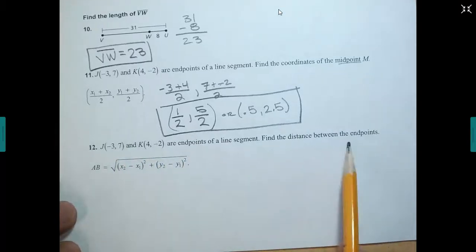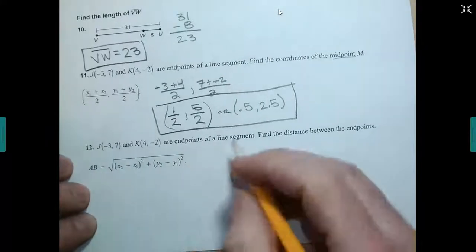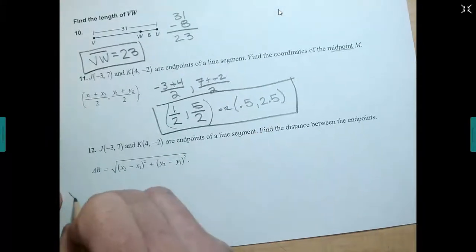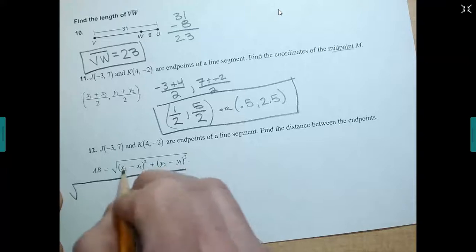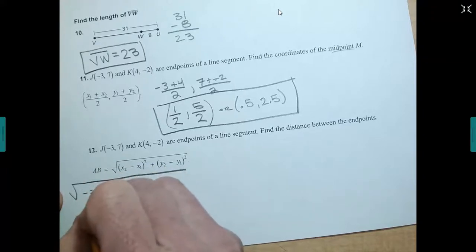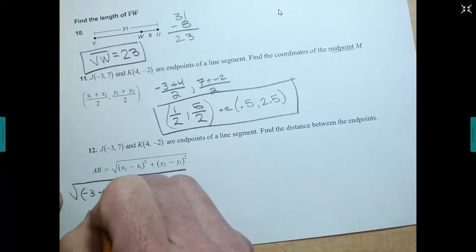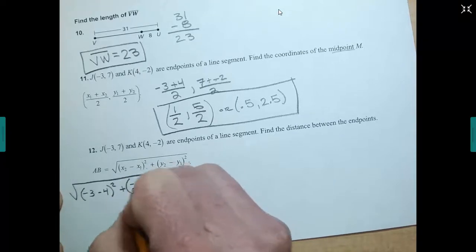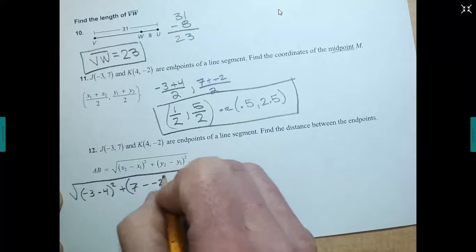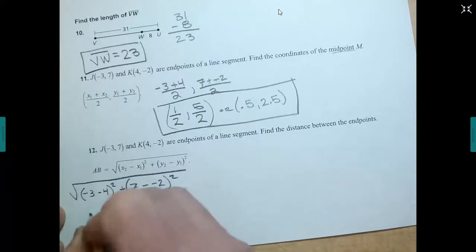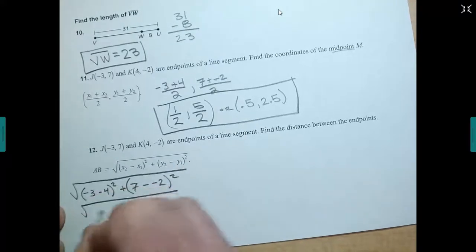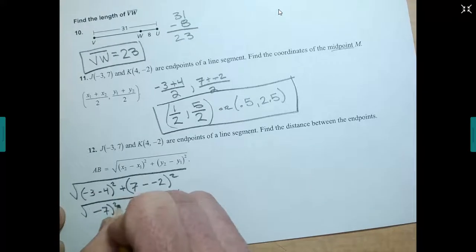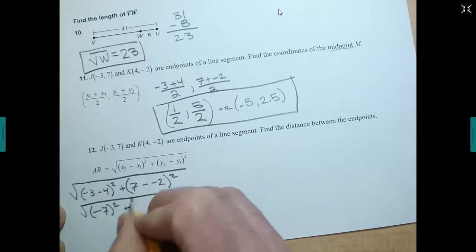Alright, negative 3, 7, and 4, negative 2 are the endpoints of the line segment. Find the distance. So I give you the distance formula right here. So let's go. Negative 3 minus 4 squared plus 7 minus negative 2 squared. So I have negative 7 squared plus 9 squared.